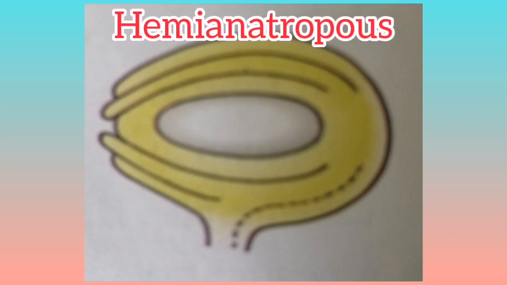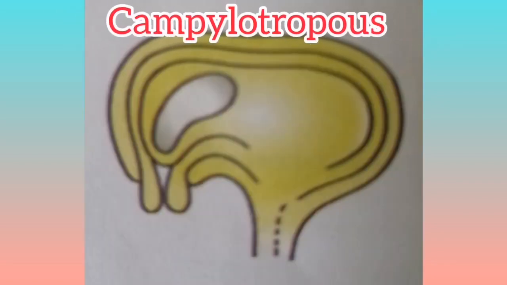In hemianatropous type of ovule, the body is placed transversely and at right angles to the funicle. Example: Primulaceae, primrose family.